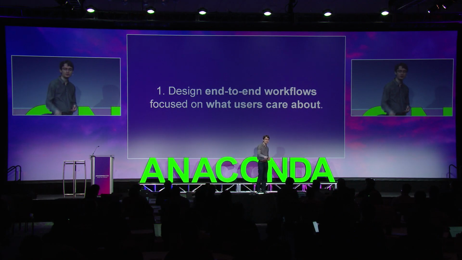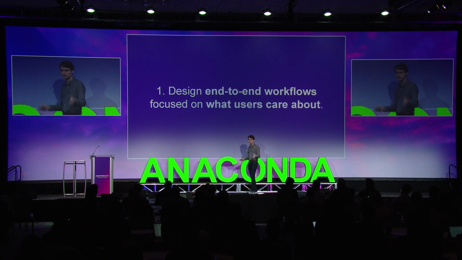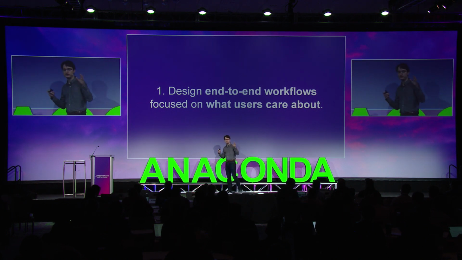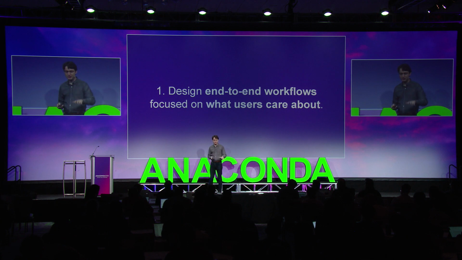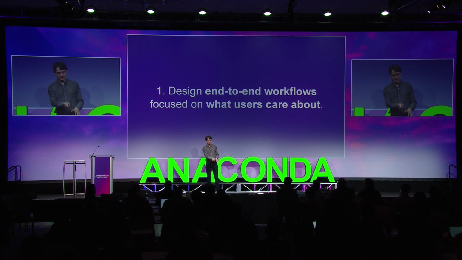Things like the error messages that you run into in the course of debugging code, or things like documentation and so on, FAQs and so on. So let's go over what they mean in practice. So the first rule is designing end-to-end workflows focused on what users care about. So you have really 2 parts: end-to-end workflows, and what users care about.